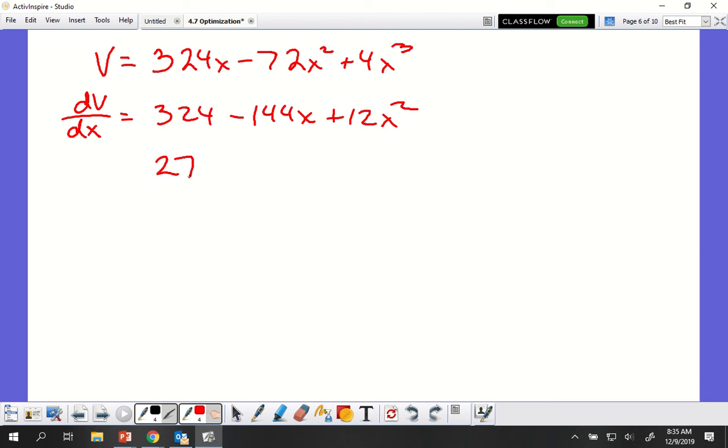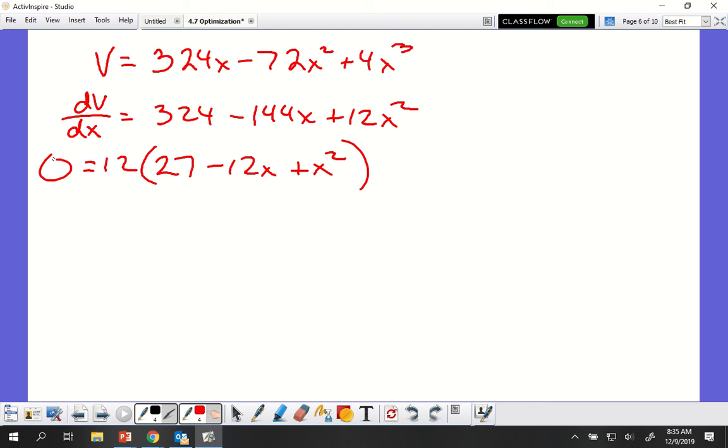So 27 minus 12x plus x squared. Okay, divide both sides by 12 because we're trying to optimize this.